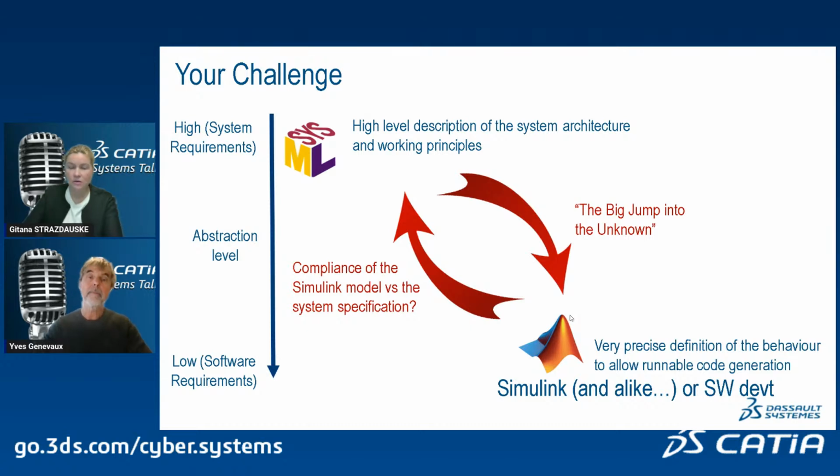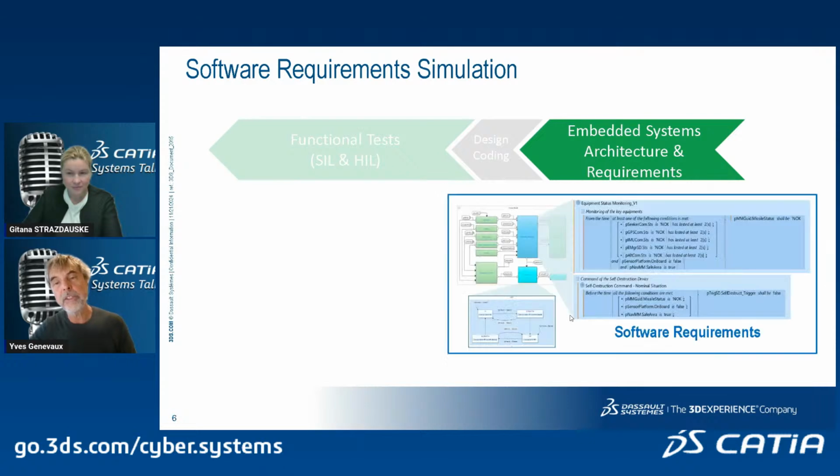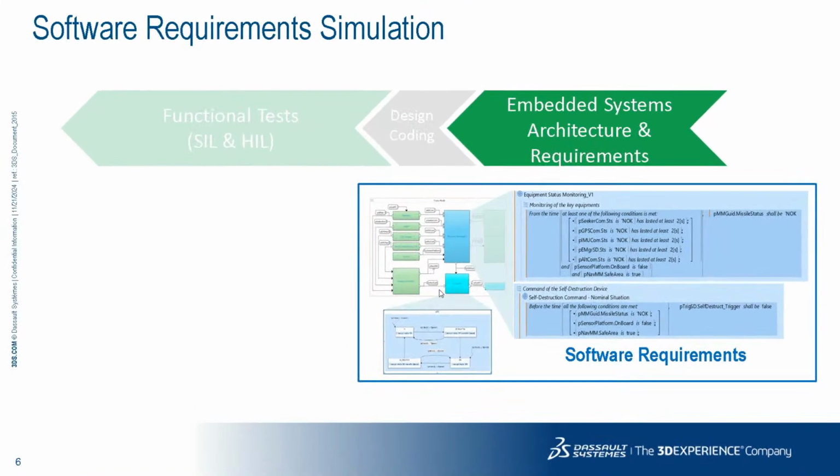Okay, right. But what does it mean concretely to simulate software requirements? What does it look like? So basically, if I look at the first stage, which is simulating requirements, you're going to have an architecture here in the middle. So you can capture a block diagram with the architecture and the signals.